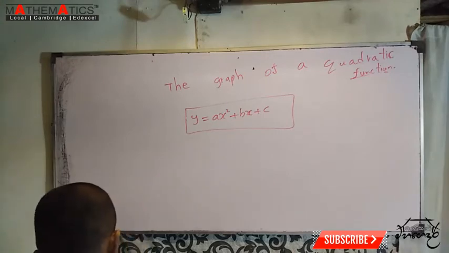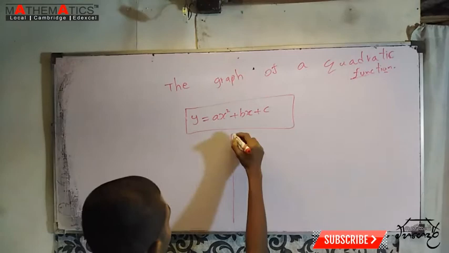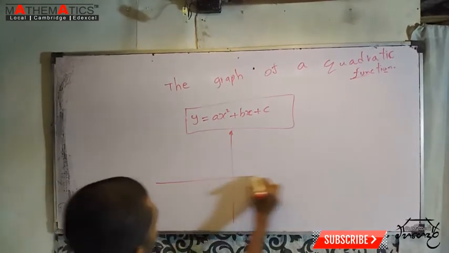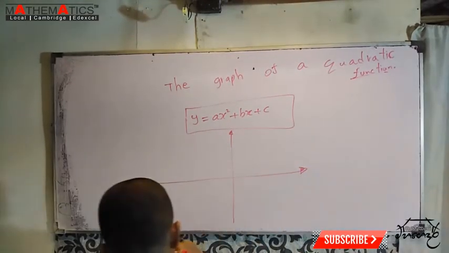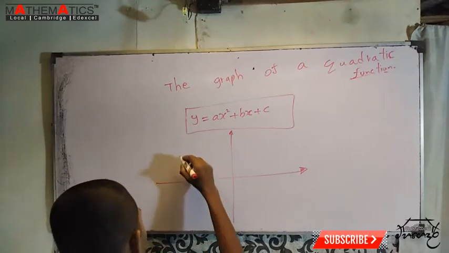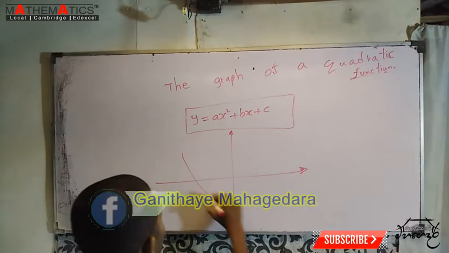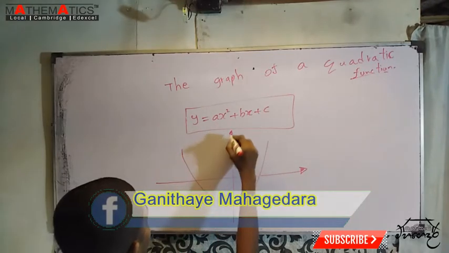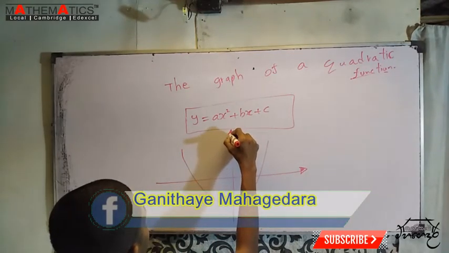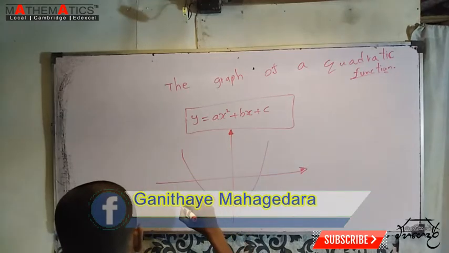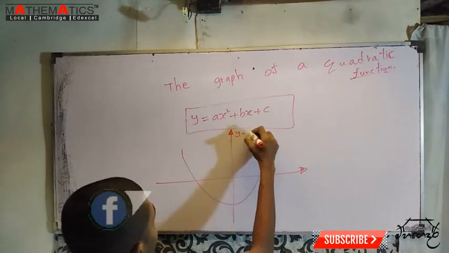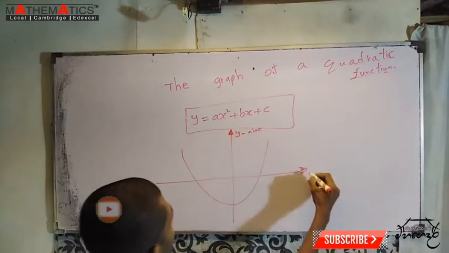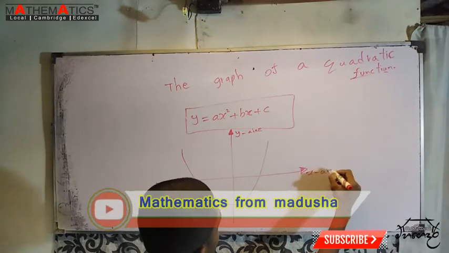Okay, now we will discuss the specifications of this plot. Now we will get a graph like this. You have to understand some things according to this sketch. We know this as the x-axis, and you already know about the x-axis and y-axis.